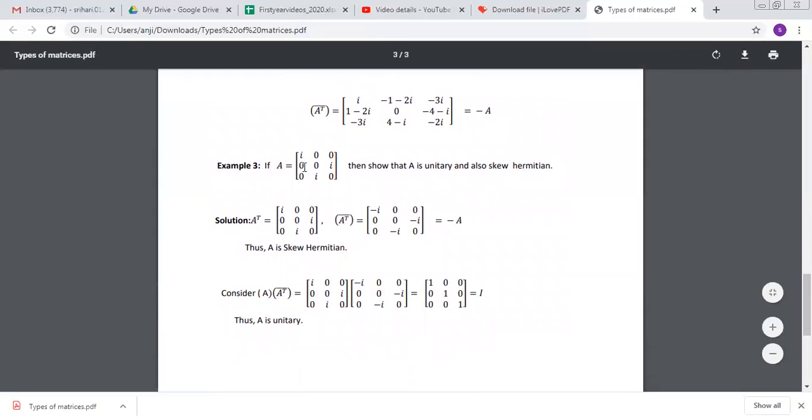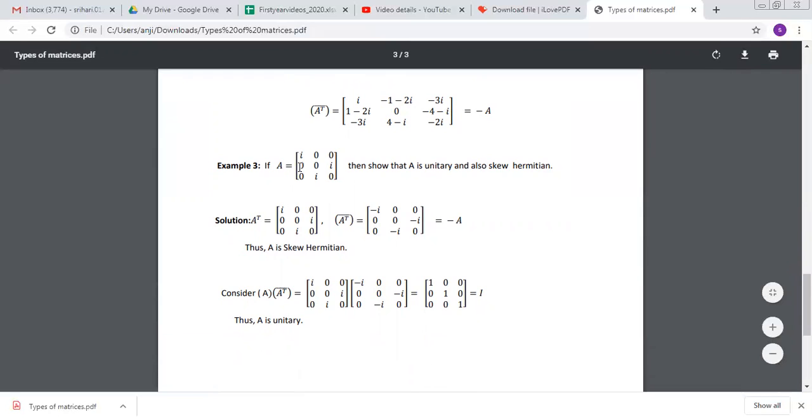A equals [i, 0, 0; 0, 0, i; 0, i, 0]. Then show that A is unitary and also skew Hermitian. For A transpose: first row i, 0, 0 is written as the first column i, 0, 0.